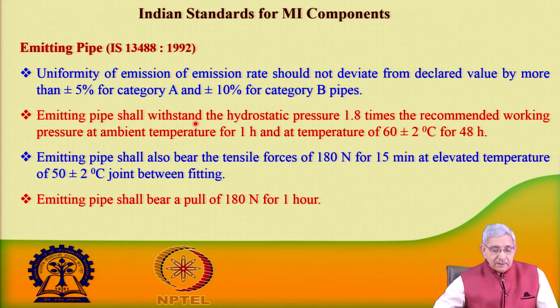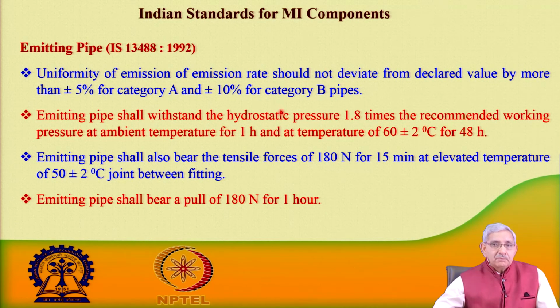Emitting pipe shall withstand hydrostatic pressure of 1.8 times the recommended working pressure at ambient temperature for 1 hour and at temperature of 60 plus minus 2 degrees Celsius for 48 hours. So, this is the hydrostatic pressure it should withstand. The emitting pipe shall also bear the tensile strength.